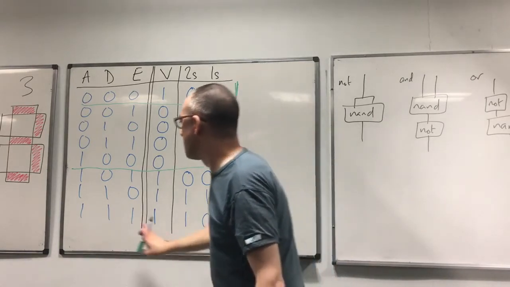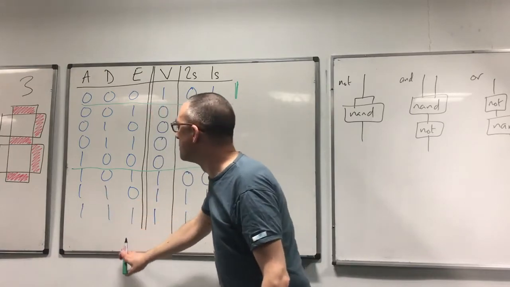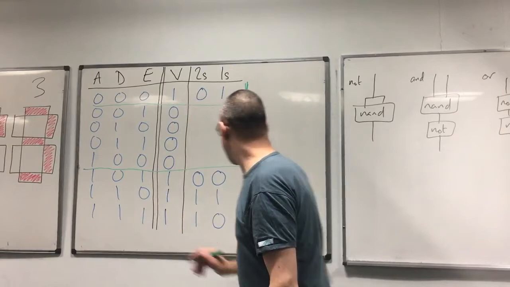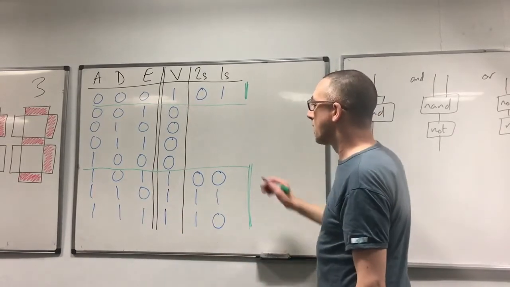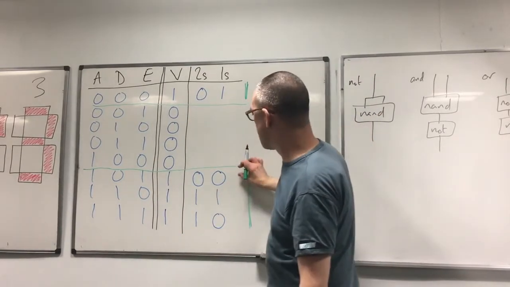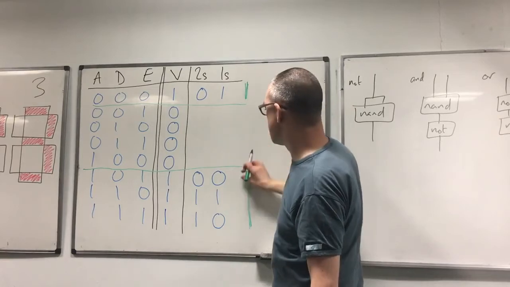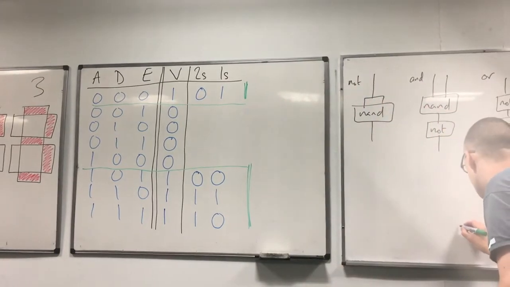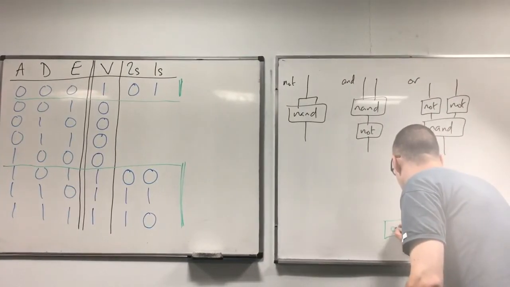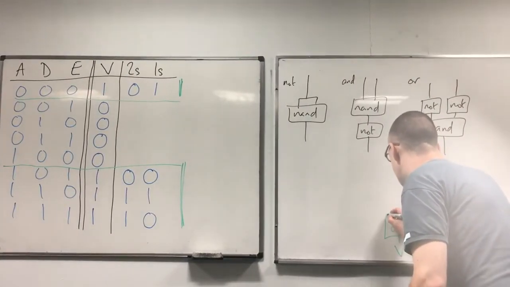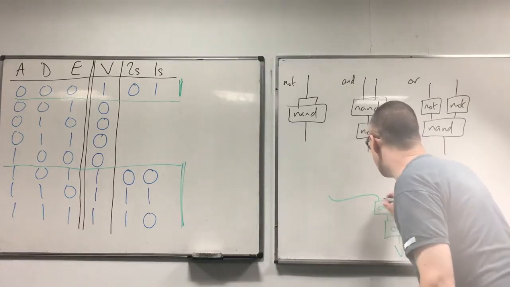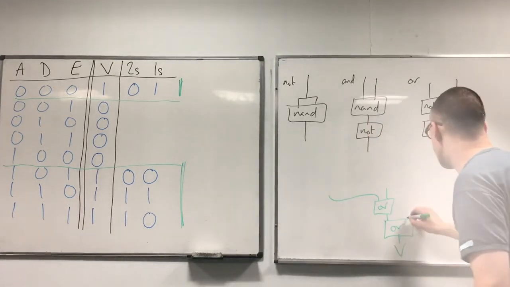We can save ourselves a little bit of work by noticing that if A and D are both true, then we don't really care about E, but otherwise we'll have to consider these 2 cases separately. Okay, so we'll have OR wired up to V, and then another OR for each of the cases we care about.